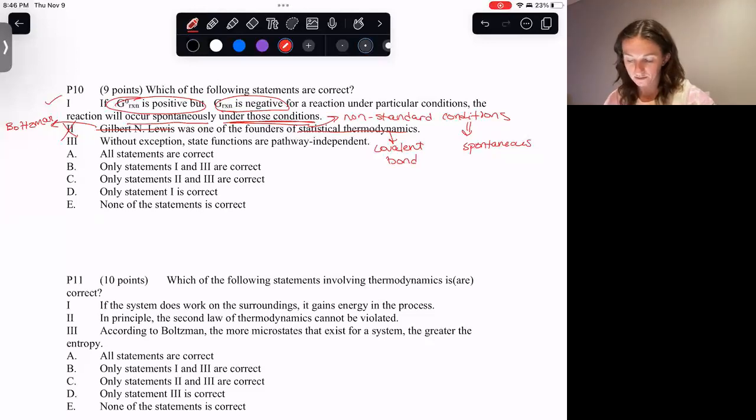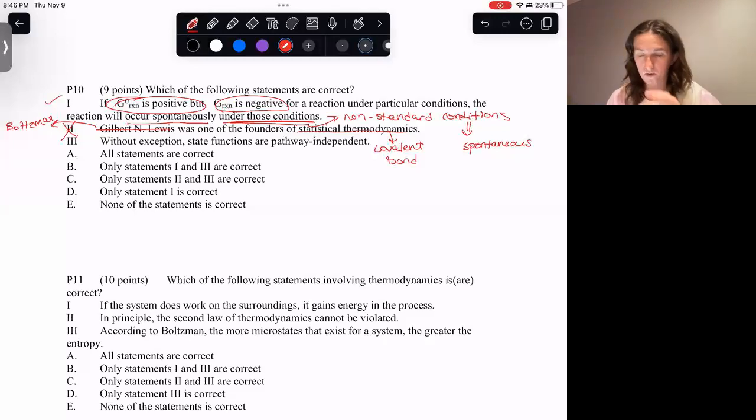I can't remember if someone else is mentioned in the notes off the top of my head, but Boltzmann is really the main founder that I think they would ask you about. So as long as you know Boltzmann, you should be fine.